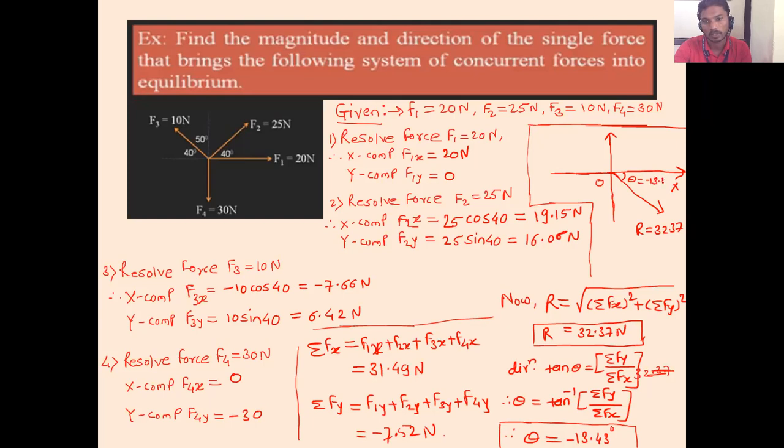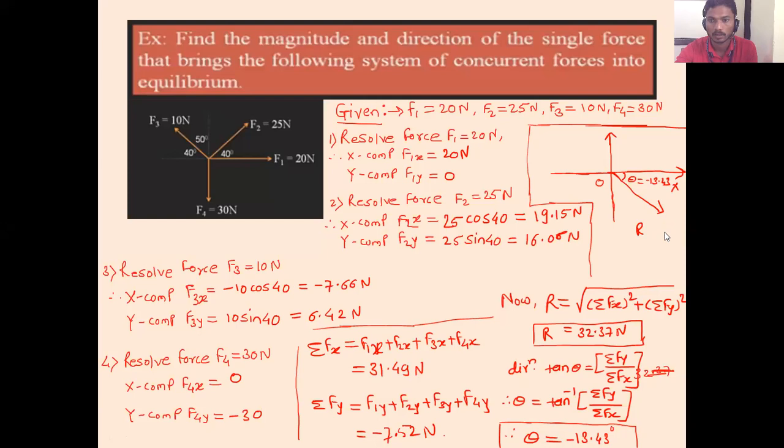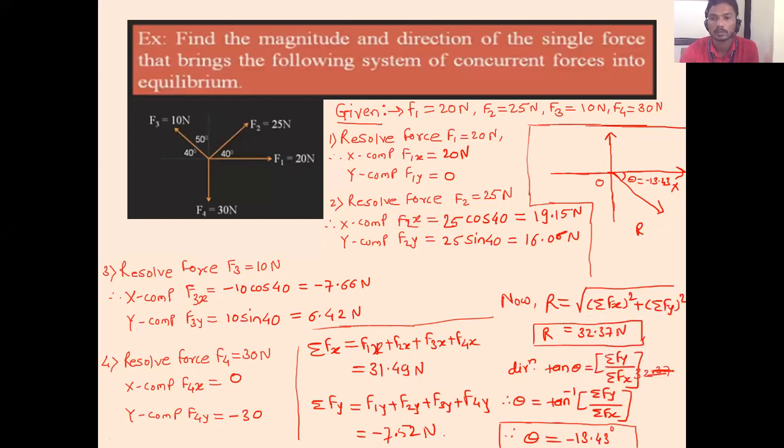Because we have already shown it downward, it will be minus, and here it will be in Newton. In that way you can show it. 32.37. Likewise, we have to solve this problem.